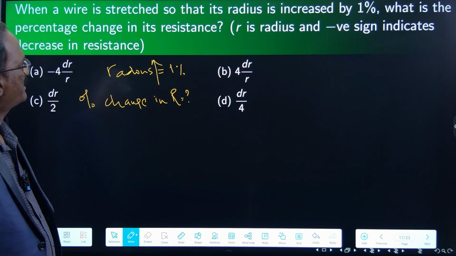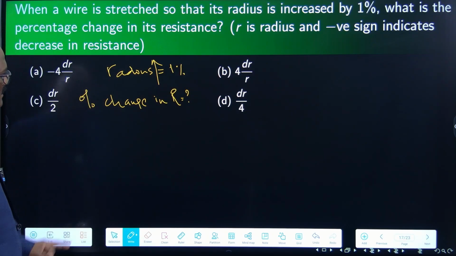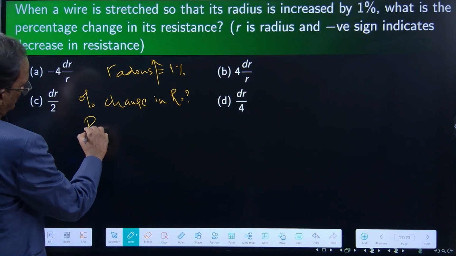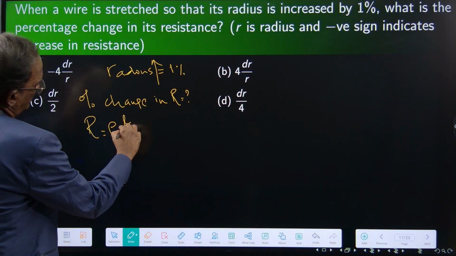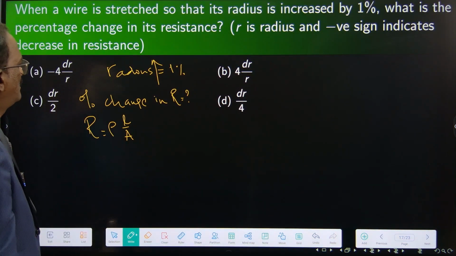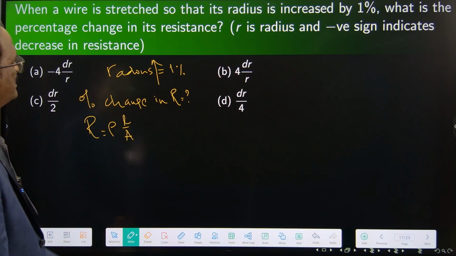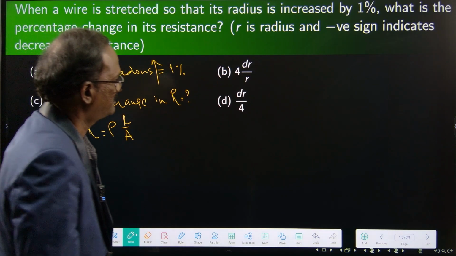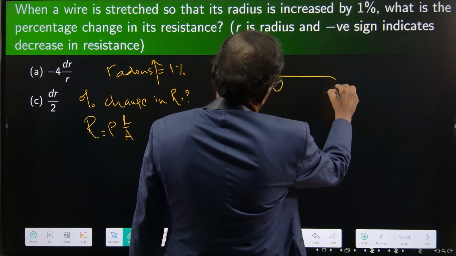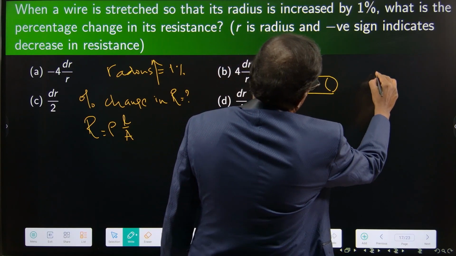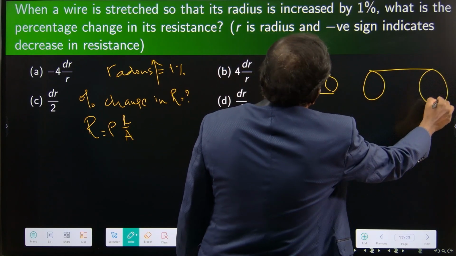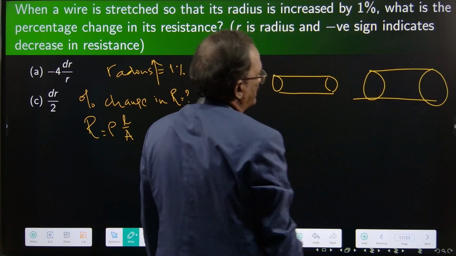So in the same method we can solve. R is rho L by A. L they are not changing; radius they are changing, increased by 1%.